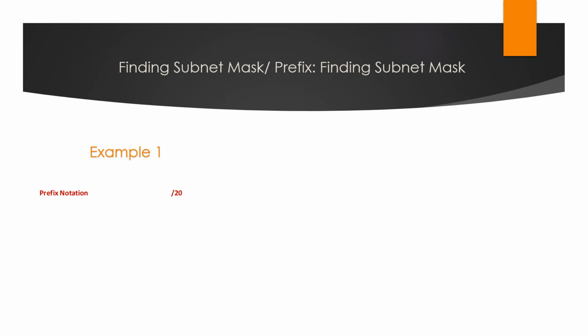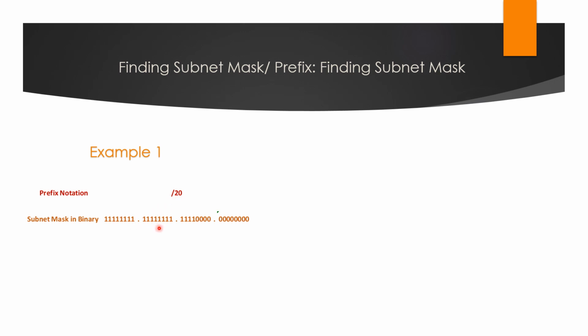After doing that, we will convert the binary format to the decimal format to find the subnet mask. Based on this, we have the subnet mask in binary, and if you see, we started from the left to the right by adding ones as much as shown in the prefix notation.